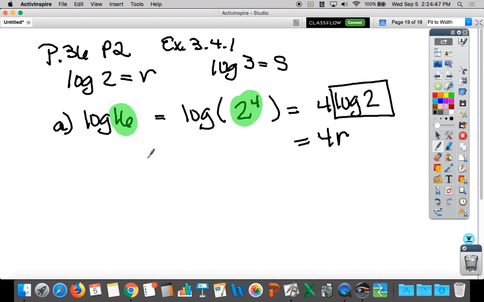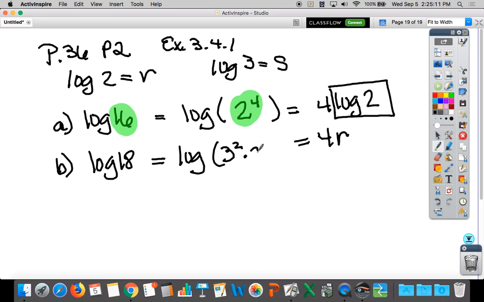All right, let's look at B part, log 18. So what could I do with either or both of those to make an 18? 3 squared, which is 9, times 2. Or 2 times 3 squared. Of course, the order does not matter because multiplication is commutative. So I want to separate these out.